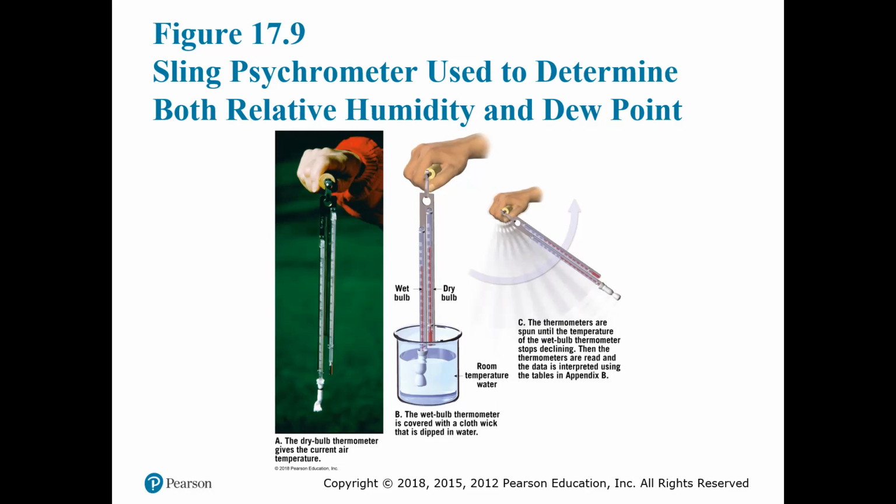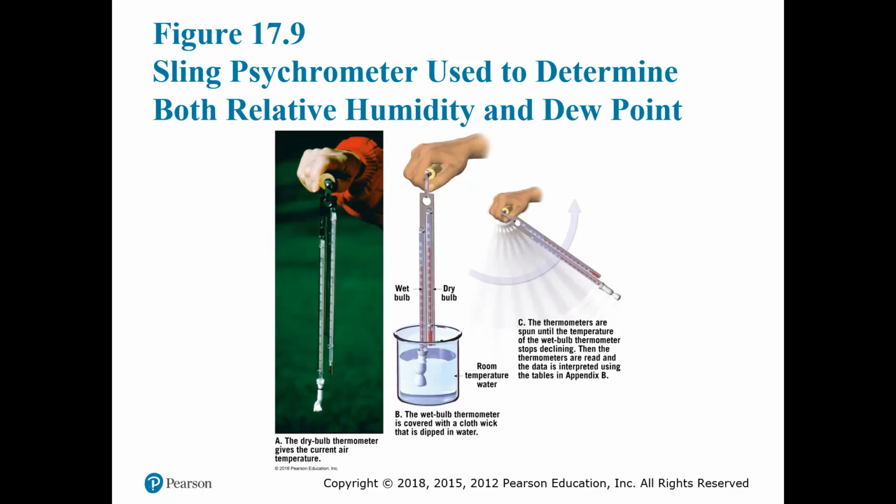One is called the dry bulb, and that's what's going to measure the air temperature. And then the other is called the wet bulb. It has a piece of cloth on the end of it, and it's going to be saturated with water, and then it's going to be spun around. There's going to be a little handle there, and it's going to be spun around.